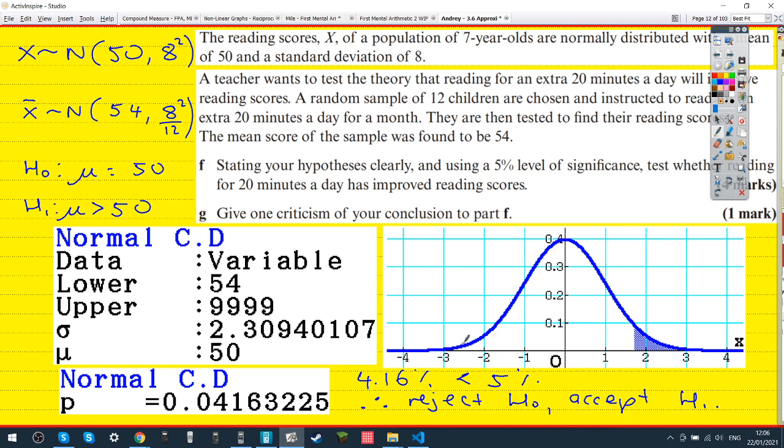You've got all the kids in here, and what you would expect is you'd get some of the kids in here with a mean close to 50. And so a mean of 54 out of that standard deviation is a very low chance, less than 5% chance. And so we say, yeah.